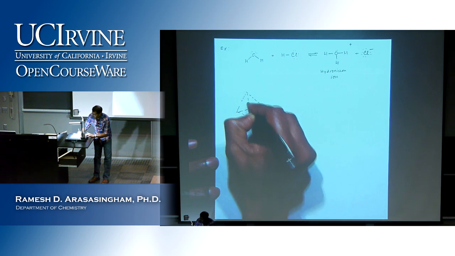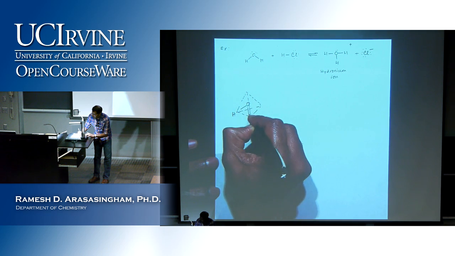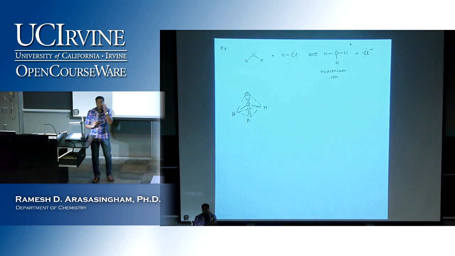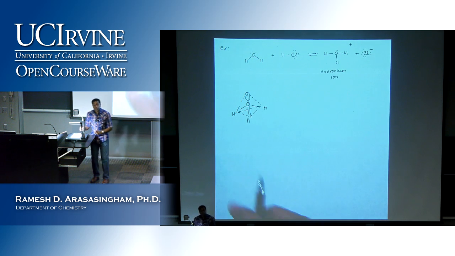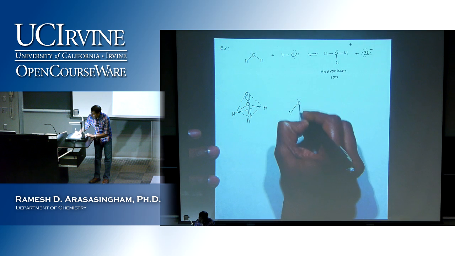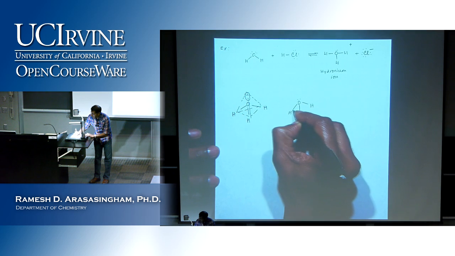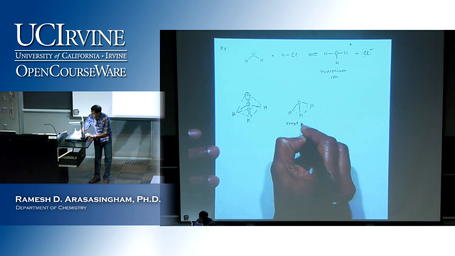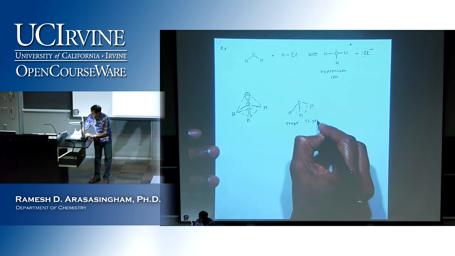So you have oxygen with a hydrogen like that, and like that. There's a lone pair there. So its electron geometry is tetrahedral, but its shape is actually trigonal pyramid.